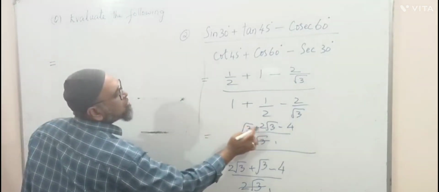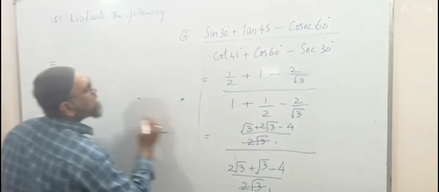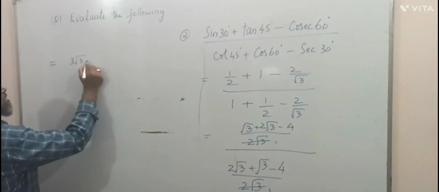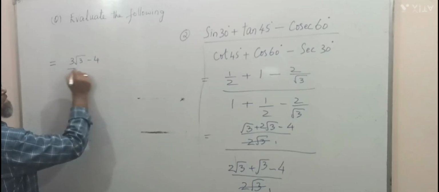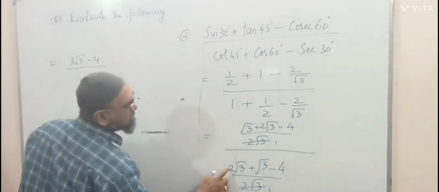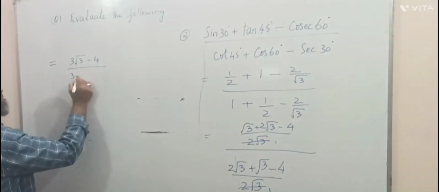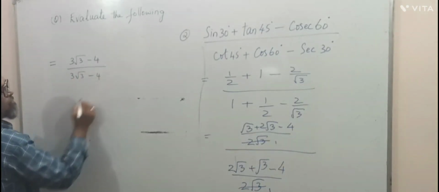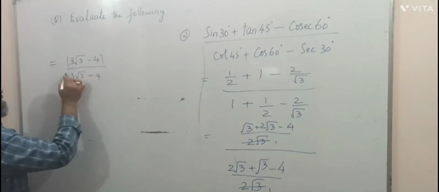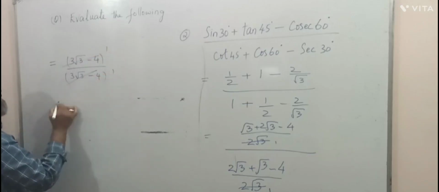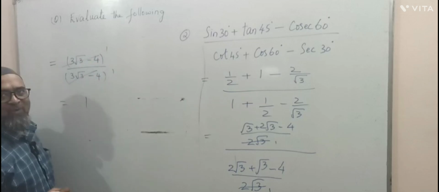Root 3, 2 plus 1 is 3. 3 root 3 I will get here. 3 root 3 minus 4 divided by here also 2 plus 1 is 3 root 3 minus 4. So the numerator and denominator is same. So I can cancel this. So my answer is 1.